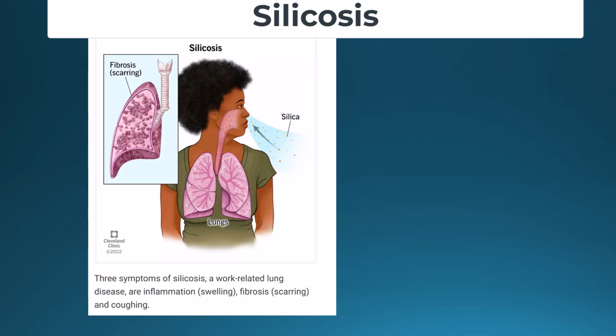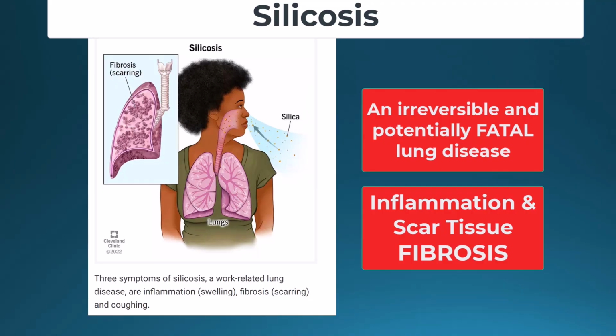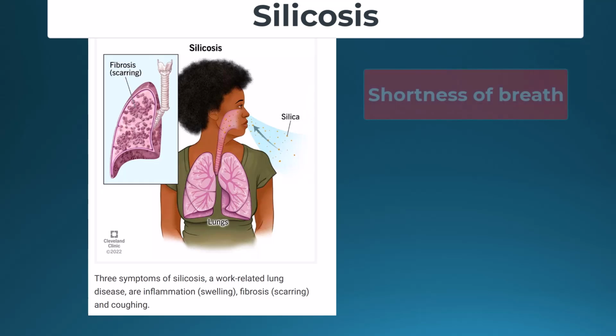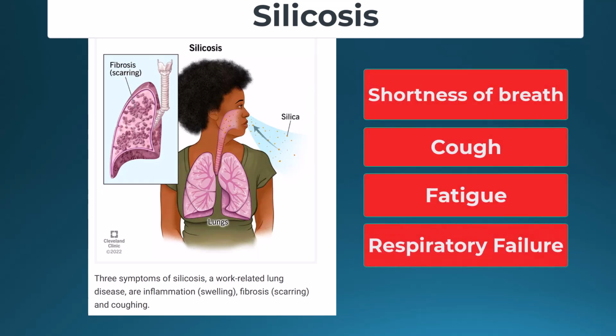Most notably, it causes silicosis, an irreversible and potentially fatal lung disease. Silicosis occurs when tiny silica particles lodge in the lungs, triggering inflammation and scar tissue formation called fibrosis. This scarring impairs lung function, leading to shortness of breath, cough, fatigue, and potentially respiratory failure.